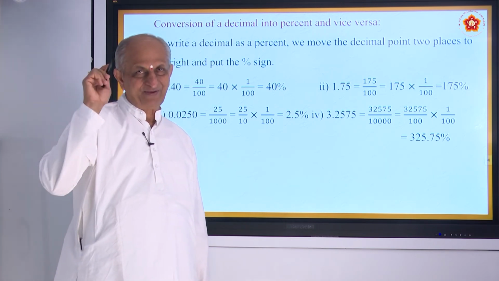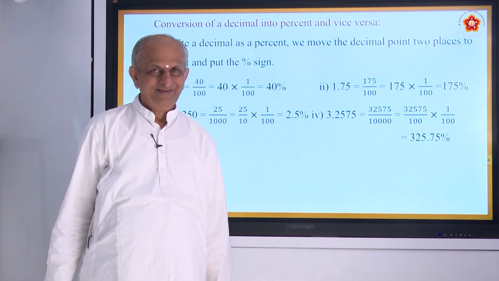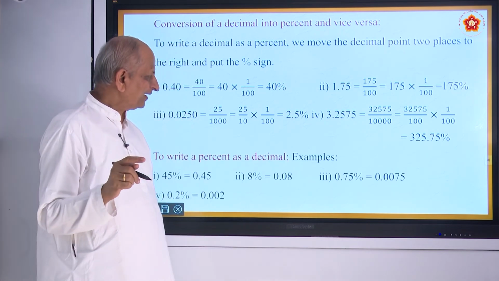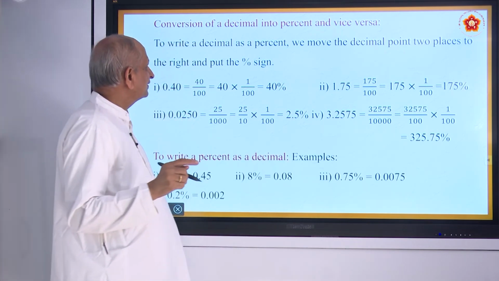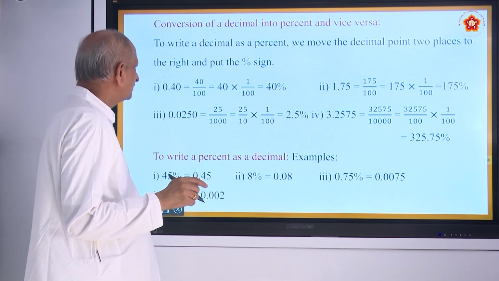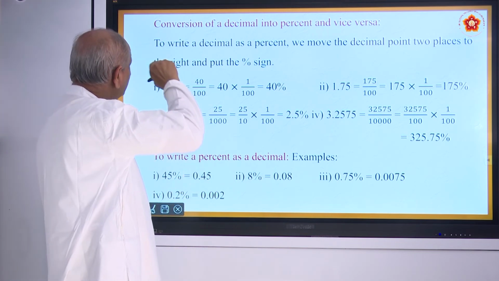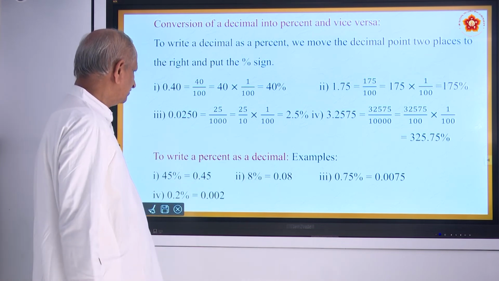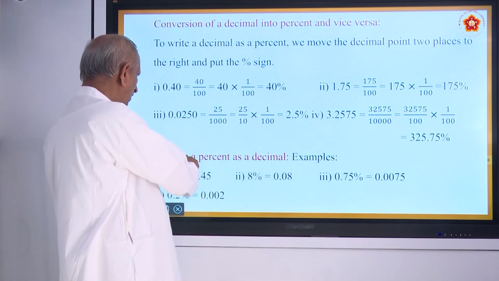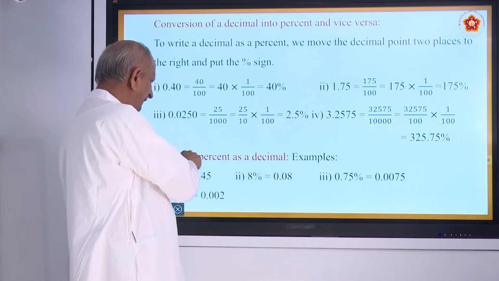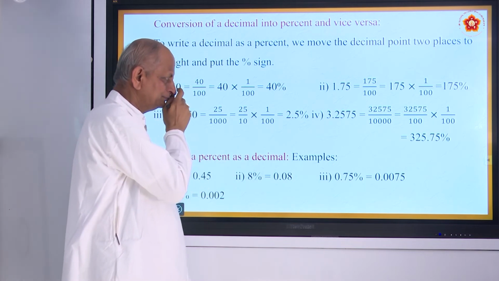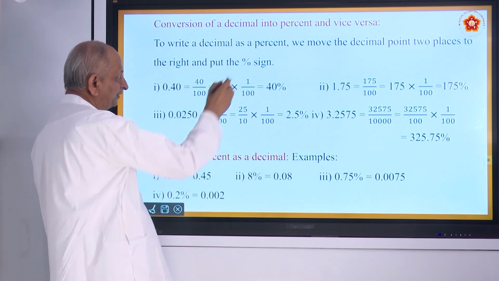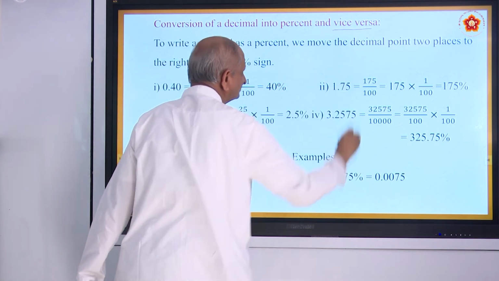Rama is the brother of Lakshmana, which also means Lakshmana is the brother of Rama. Is it not? So, conversion of a decimal into percent and vice versa. Just now you have seen it. Now, one more thing, to write a percent as a decimal, and percent to decimal means that is what is called vice versa.